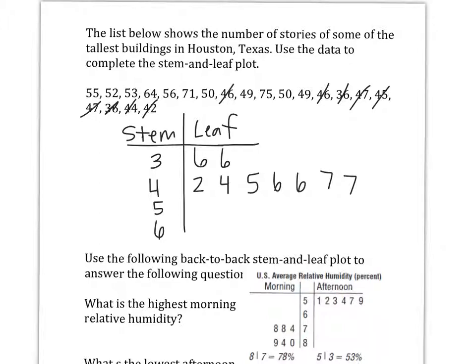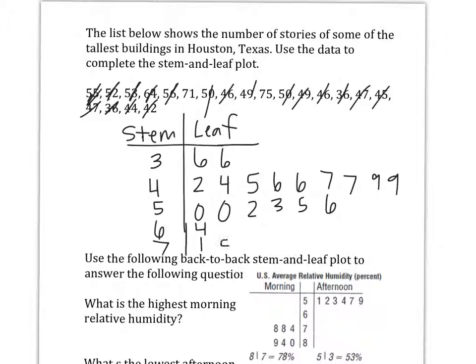And then I see two 49s. 50, I see two 50s. And I see a 52, 53, 55, 56. And then, yes, I did see a 60, and a 70. So I'll go ahead and label 6 with 0, and then I have 71 and 75.